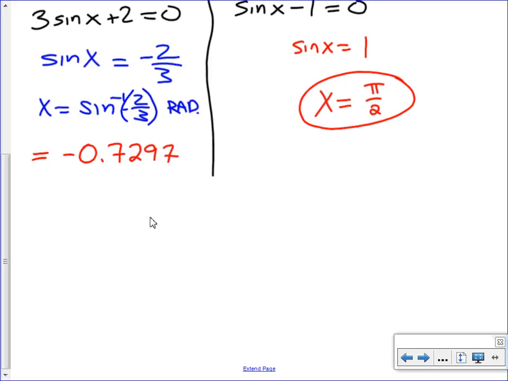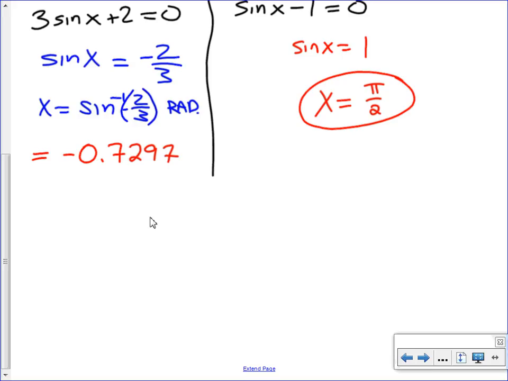This is a reference angle. Let me demonstrate the thought process, and after that you can practice it. Remember that your reference angle has to be positive, between 0 and pi over 2.